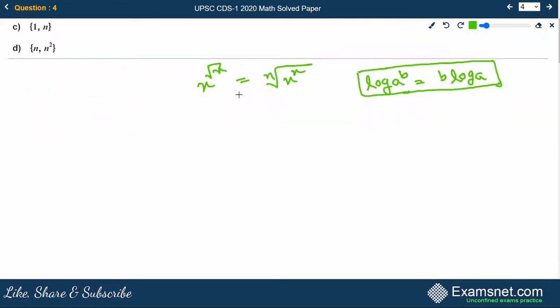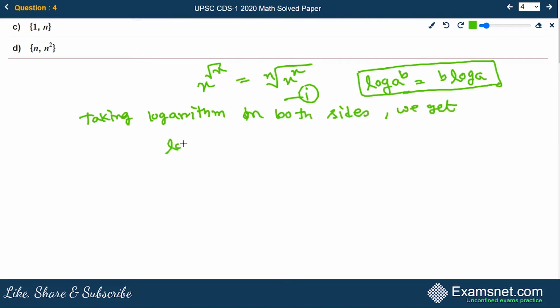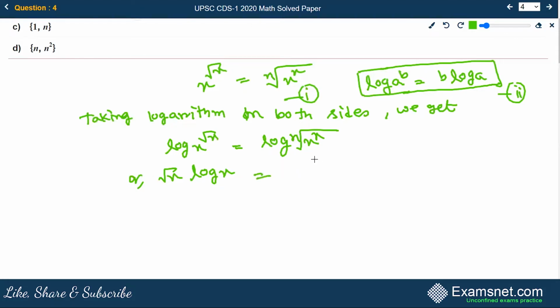Now, taking logarithm on both sides of the given equation, we get root x log x on one side, and with the help of the logarithm rule, x to the power x whole to the power 1 by n, where the nth root means 1 by n.